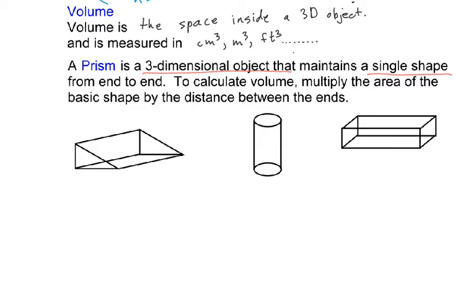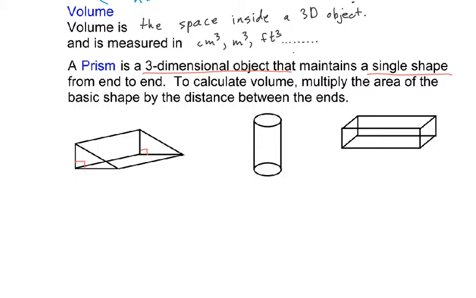In this case, for this triangular prism right here, you notice that it has two triangles as its bases. We look at those as the base of the prism, the two repeated sides.